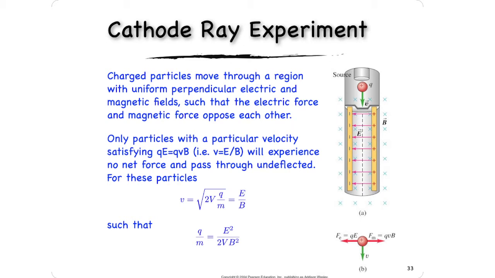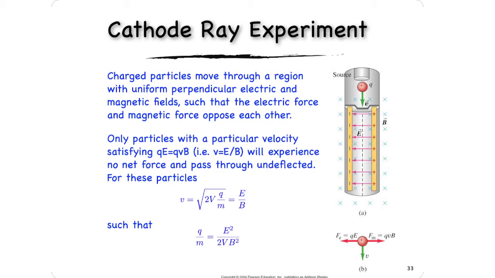But it turns out, regardless of what material you use for a cathode, you get the same charge to mass ratio, which suggested this flow of particles, this cathode ray, was not made up of pieces of the cathode breaking off. It wasn't made up of the element that the cathode was made up of.